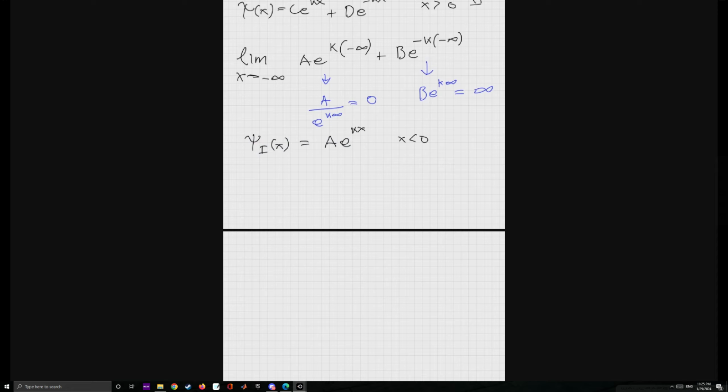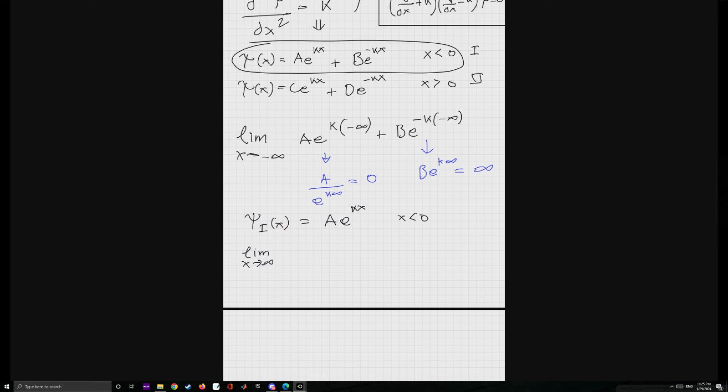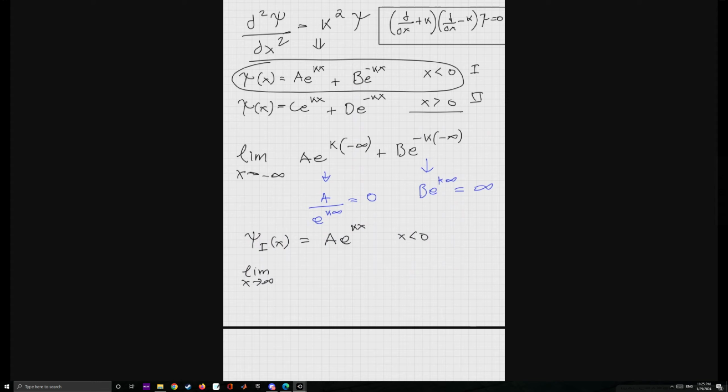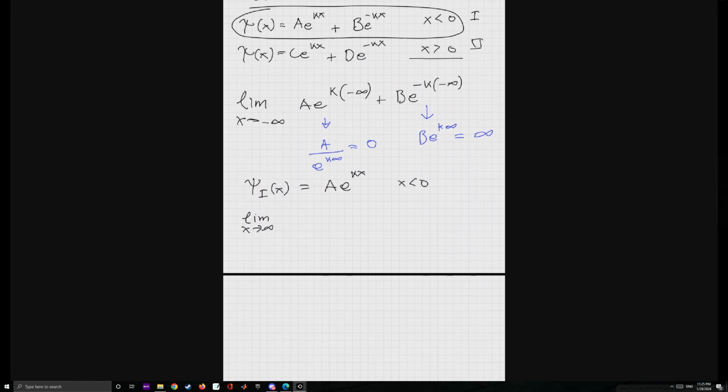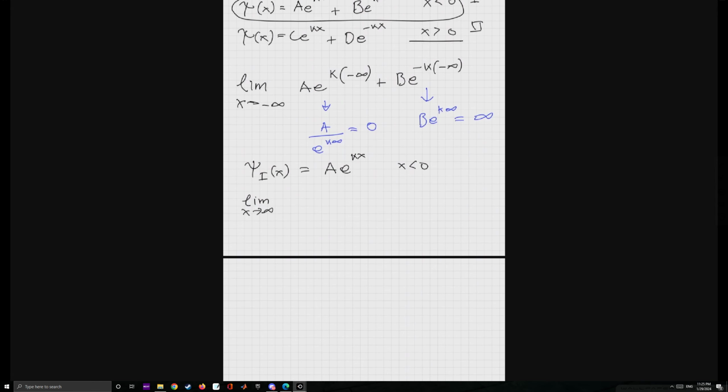And then similarly, for the other region, we will take x going to positive infinity, because x is defined at values greater than 0. And we will get c e to the positive infinity, some constant times positive infinity, d e to the negative k infinity.